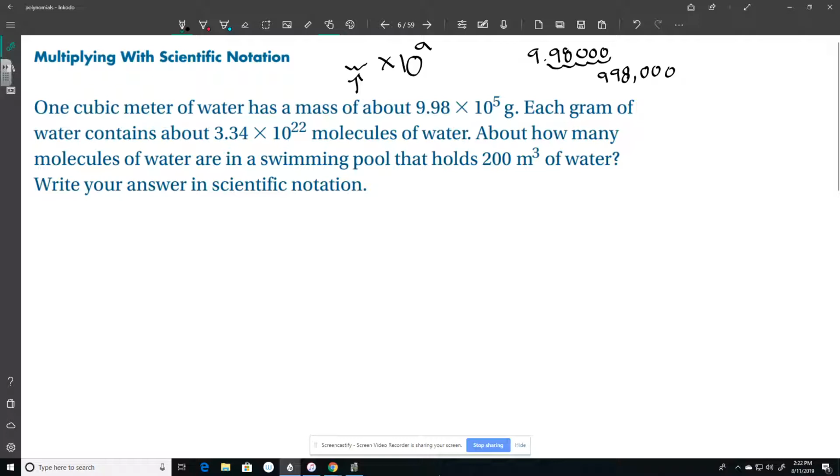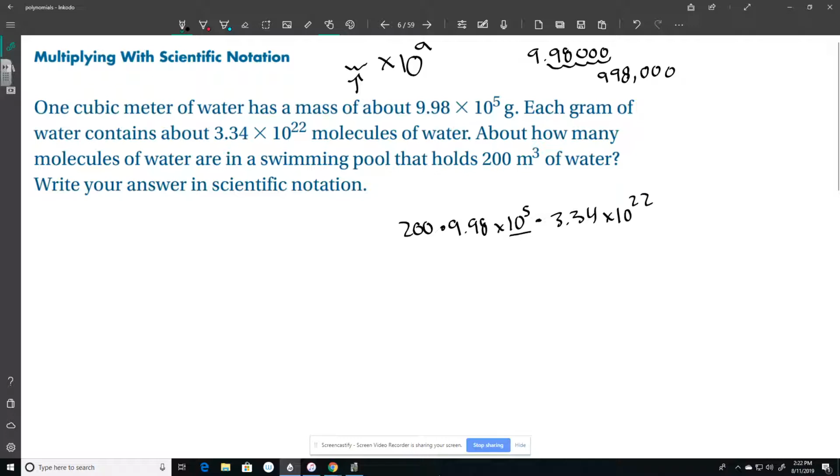So we're going to take each of those 200 cubic meters and multiply that by 9.98 times 10 to the 5th. And then each of those has this many molecules of water, so I'm going to multiply by 3.34 times 10 to the 22nd.